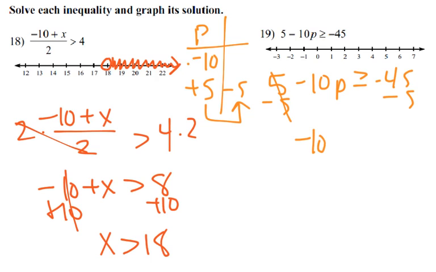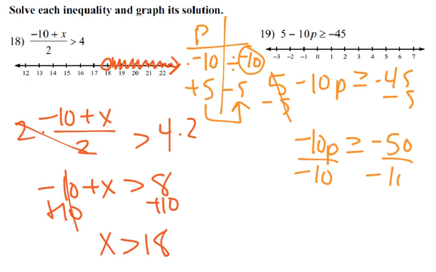So we get negative 10p is greater than or equal to negative 50. Then divide by a negative 10. And now we're dividing by a negative 10. So that reminds us, flip our inequality. That becomes p is less than or equal to negative 50 divided by negative 10 is a positive 5.